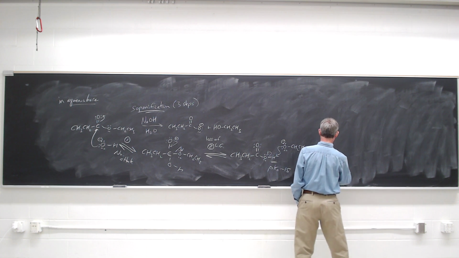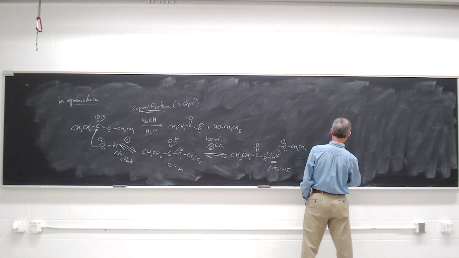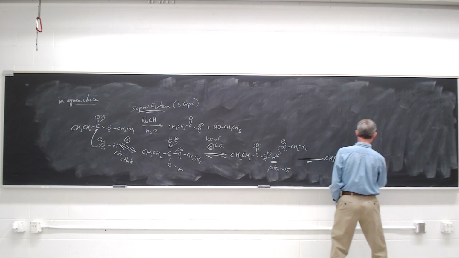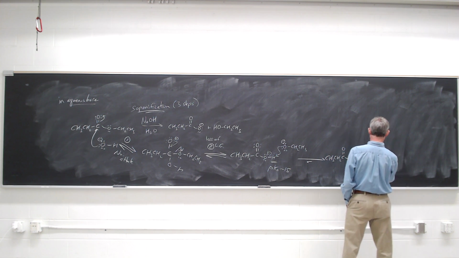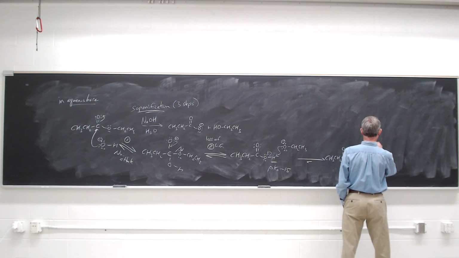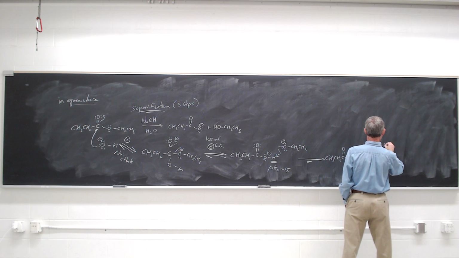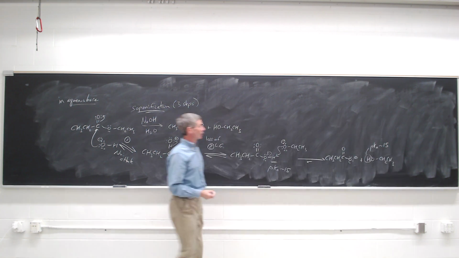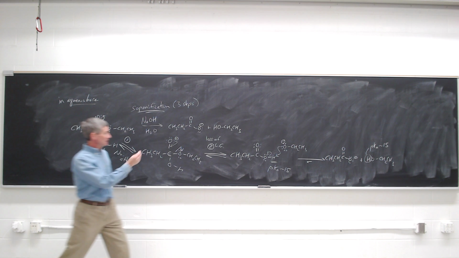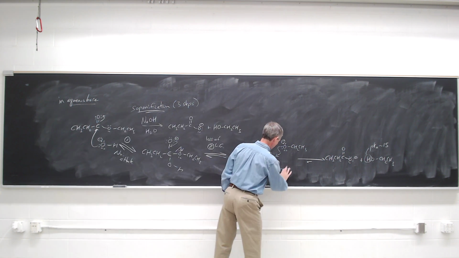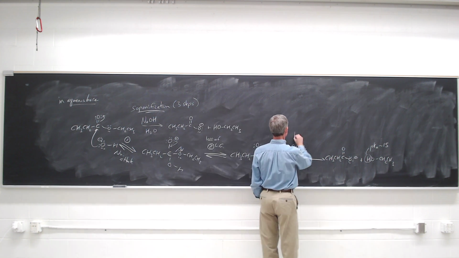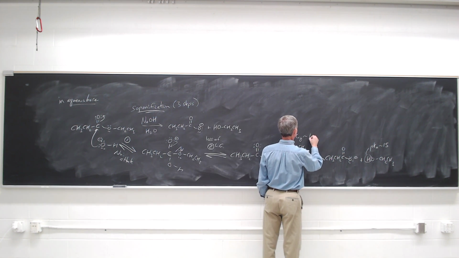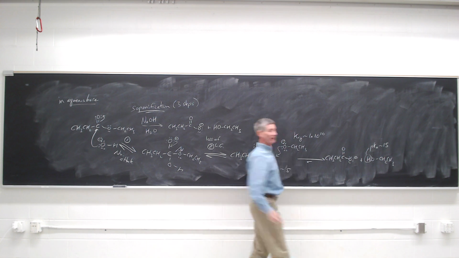Technically, this is an equilibrium, but we can calculate the equilibrium constant knowing the pKa of the acid and of the conjugate acid. And since the pKa of an alcohol hydrogen is about 15, and the pKa of carboxylic acid is about 5, the equilibrium constant here is approximately 1 times 10 to the 10th.